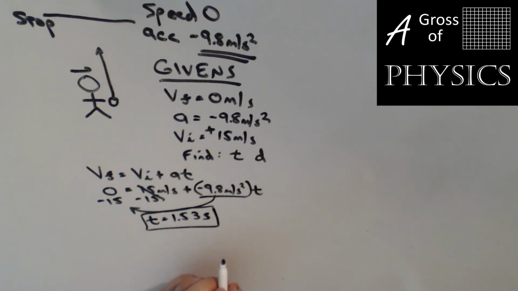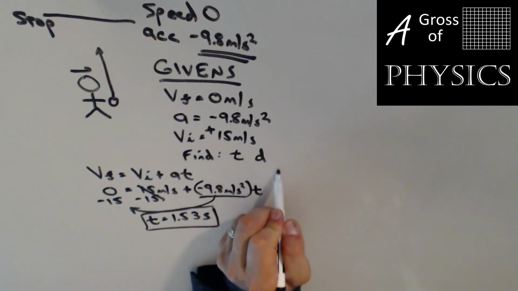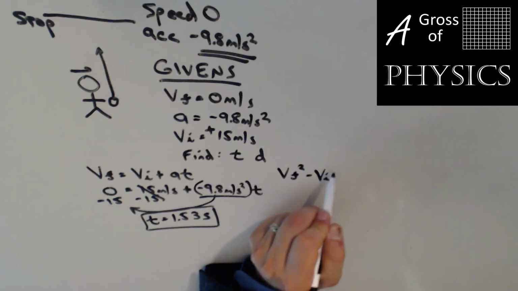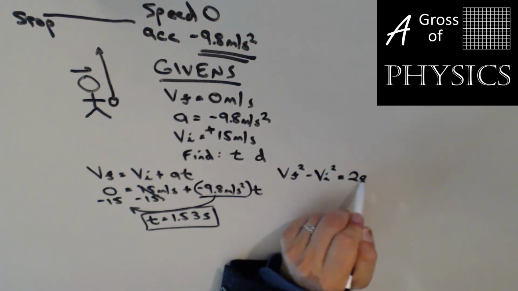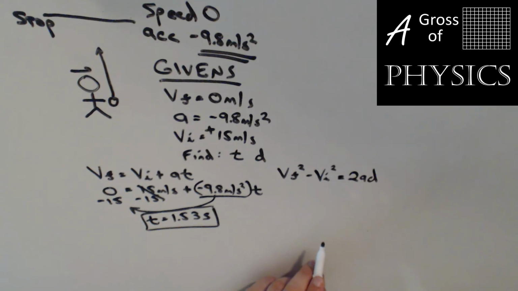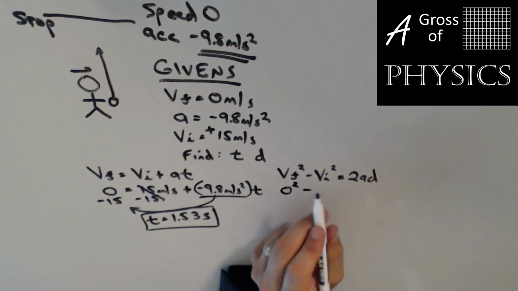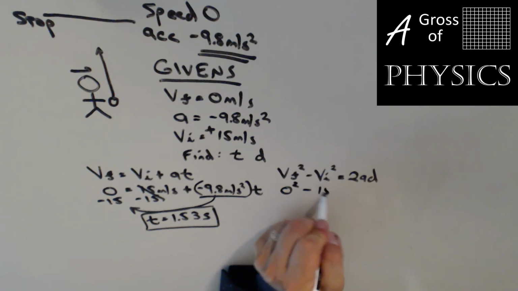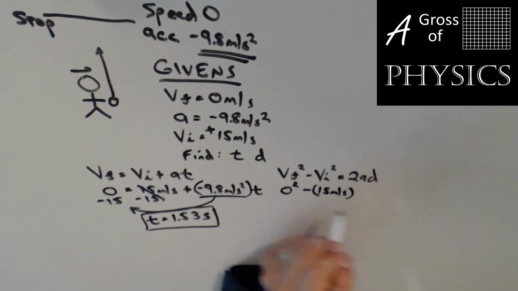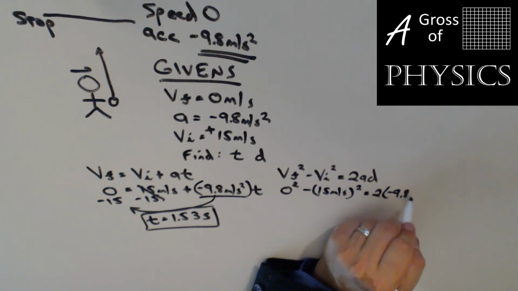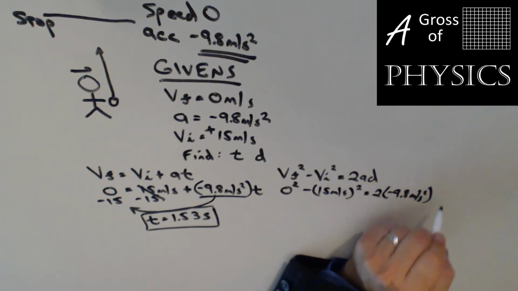As far as how high will it be at the top of the flight, I'm going to look at equation 5. VF squared minus VI squared equals 2AD. VF is 0. I'm just going to leave it as a 0 squared. VI, 15 meters per second, squared, equals 2 times negative 9.8 meters per second squared times d.